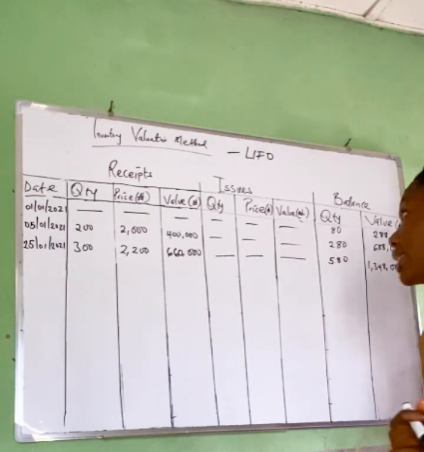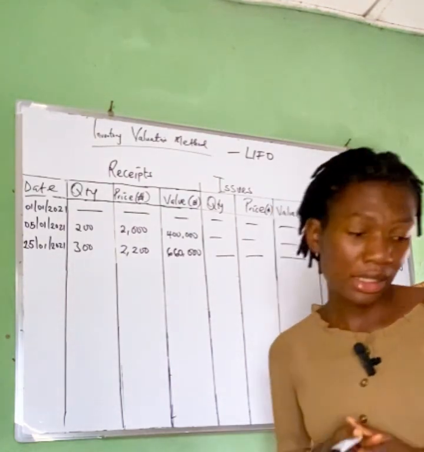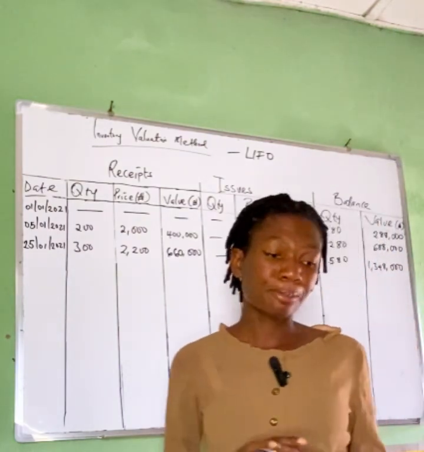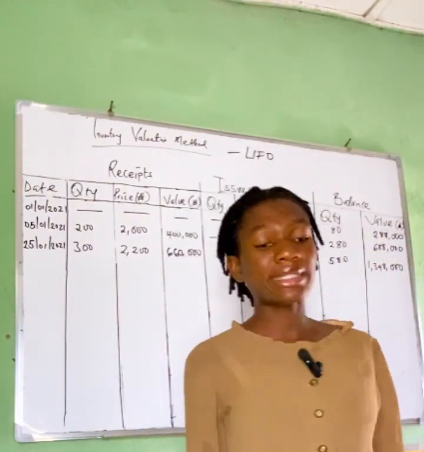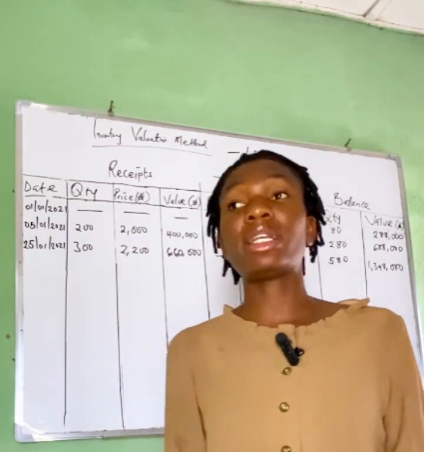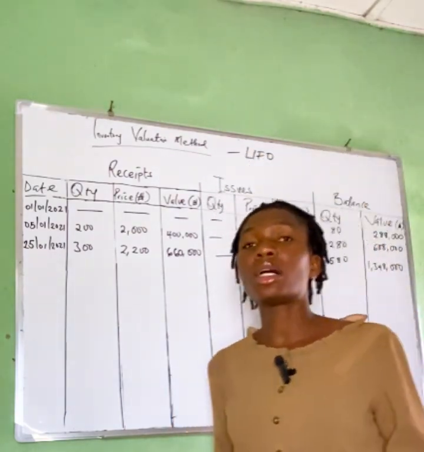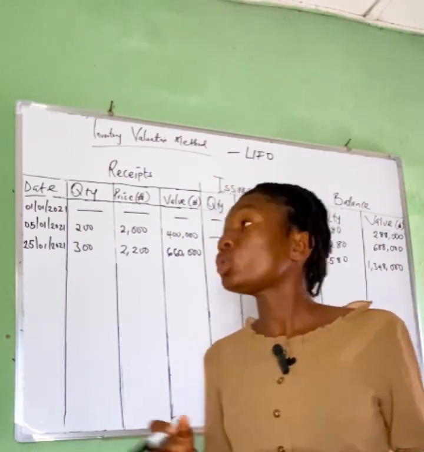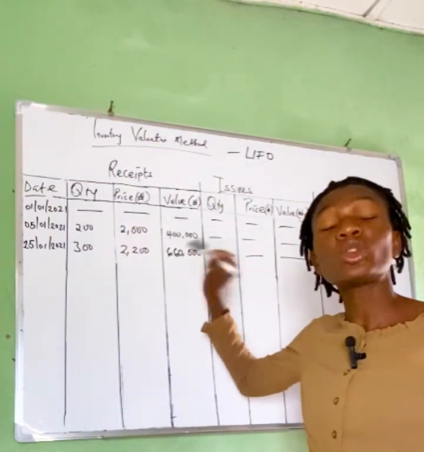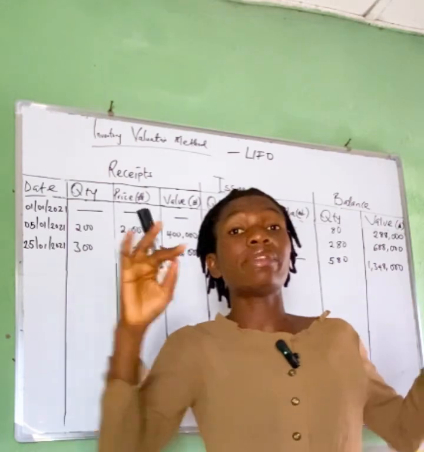Now the next thing we're looking at is on the 10th of March, we sold 160 bundles of nets at 3,800 naira. Like I said, we're not really focused on how much the goods were sold. We are using the price at which they were bought, because we want to calculate the value of our closing stock.